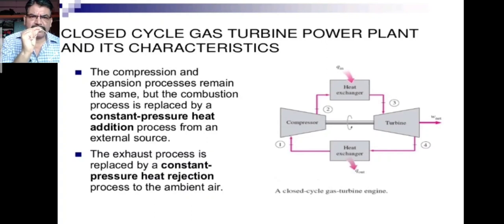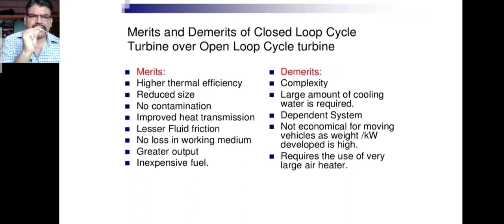You can see the difference between the open and closed cycle. Now these are some of the advantages of the closed cycle turbine over the open cycle, the points which are favorable in the system: higher thermal efficiency, reduced size, no contamination, improved gas transmission, lesser fluid friction, no loss in working medium, greater output, inexpensive fuel.